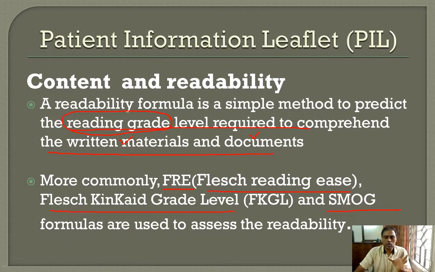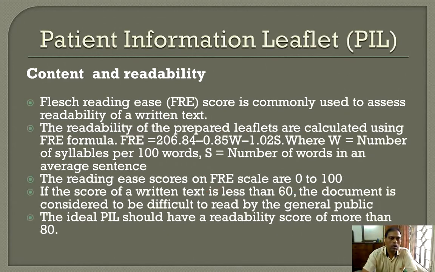You should at least know the names of these formulas, and we are going to study one of these formulas a little more extensively, that is the Flesch Reading Ease formula, the FRE formula. This is the most commonly used formula on readability, right?